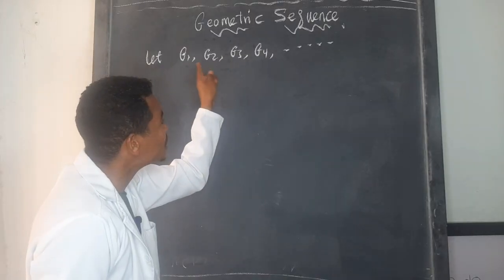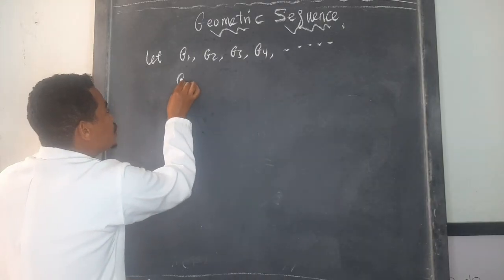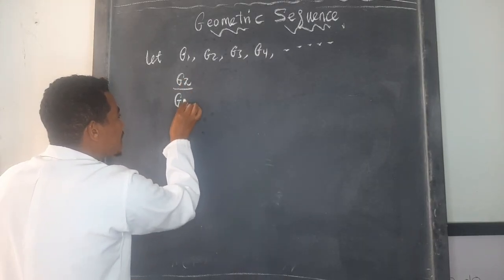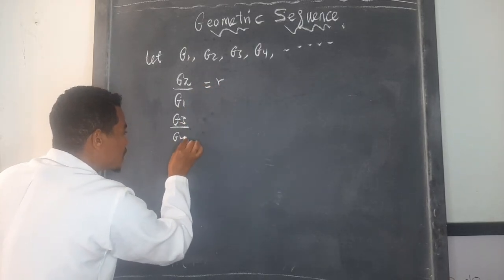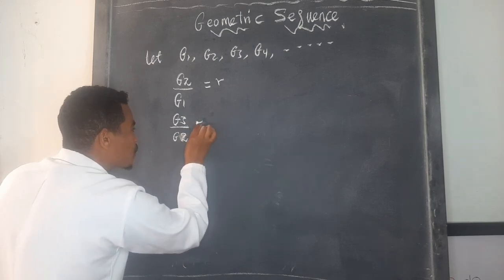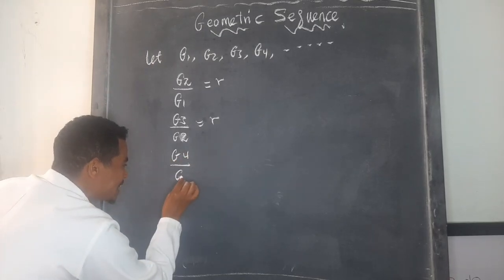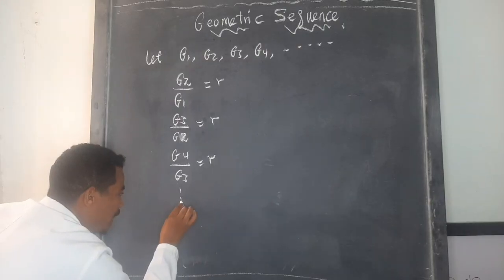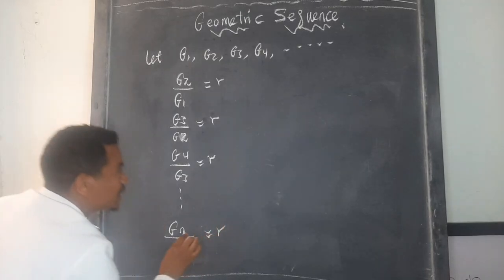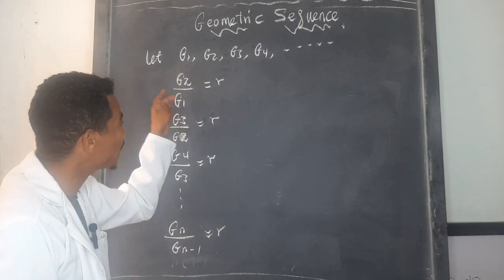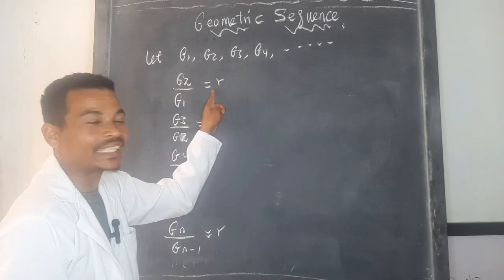These terms form a geometric sequence if the ratios are constant: G2 over G1 is equal to R, G3 over G2 is equal to R, G4 over G3 is equal to R, and so on, Gn over Gn minus 1 is equal to R. There is a common ratio, a non-zero constant, between each consecutive term, so the given sequence is called a geometric sequence.